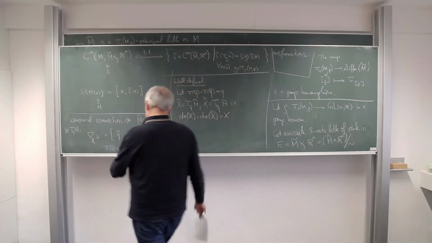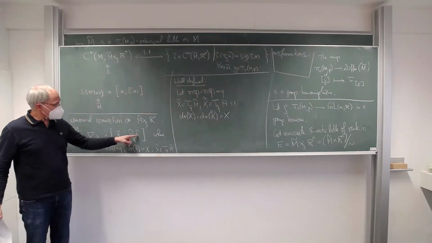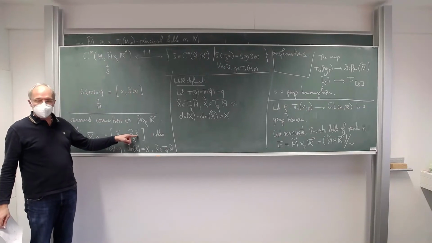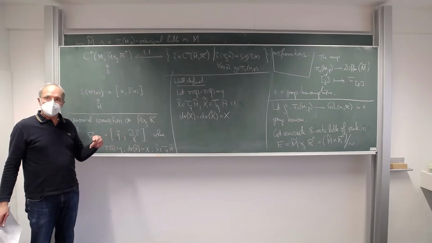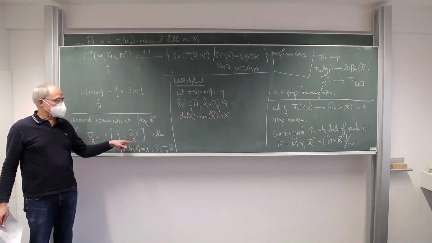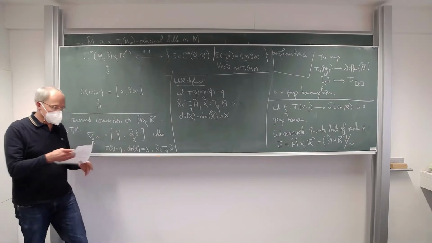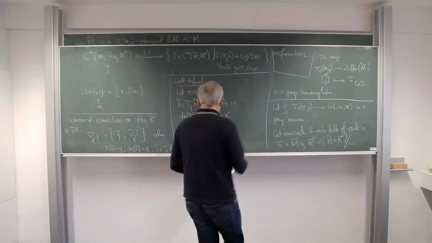And how do you do the differential here for such an Rn-valued function? You take this tangent vector and you take a curve that represents it, and then you compose that with the curve and you differentiate. Good, so let's do that.